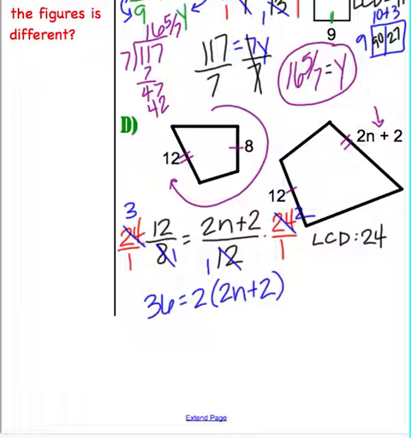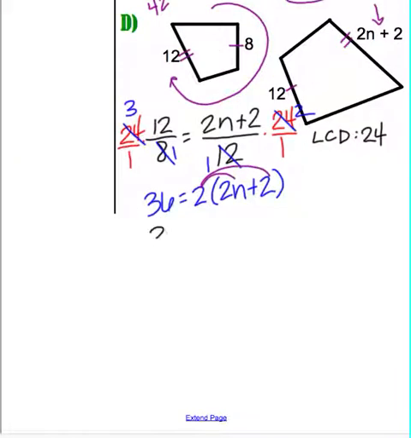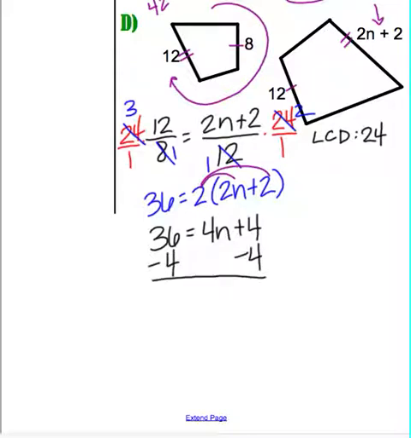So the next thing I have to do is bomb out the 2, giving me 36 equal to 4n plus 4. So then I can subtract 4 from both sides, which cancels out the 4's here, leaving me with 4n, and 36 minus 4 is 32.